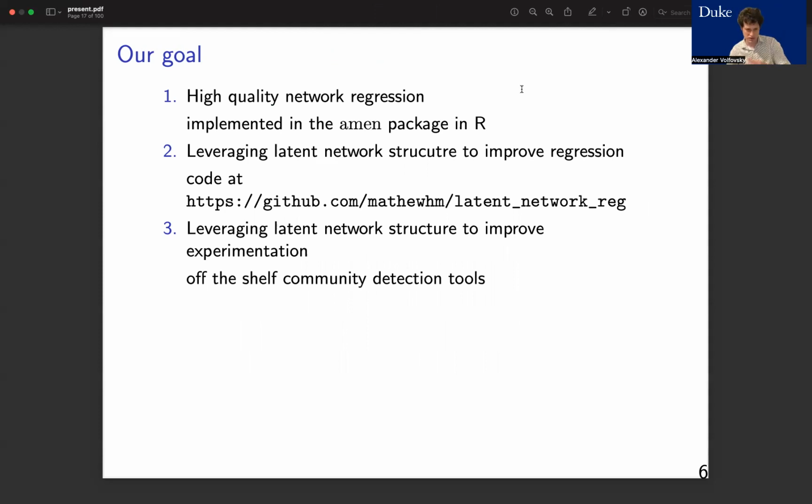The code for that is available in this GitHub repo, and I'll talk a little bit more about how to run that. And then the last thing I'll mention is what to do with leveraging latent network structure to improve experimentation. And what's great here is that you can actually use pretty much any off-the-shelf community detection tools in order to do better than just the basic graph cluster randomization.